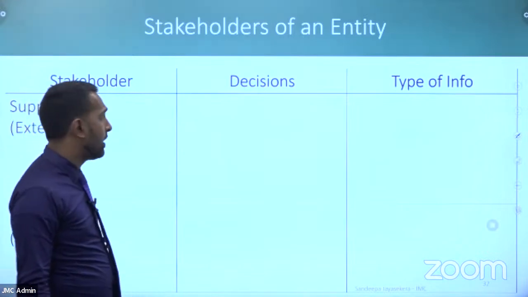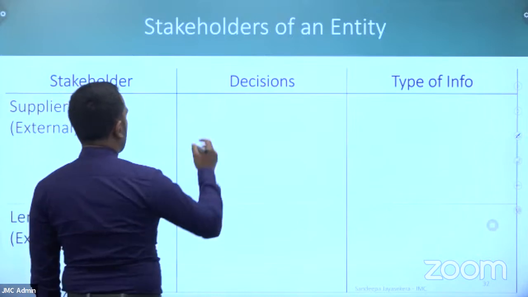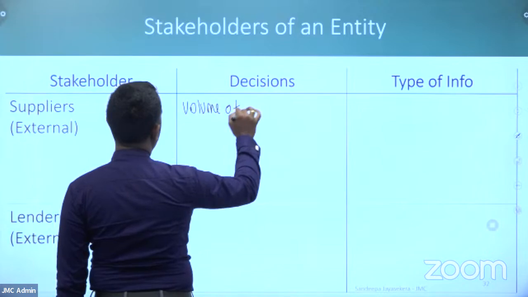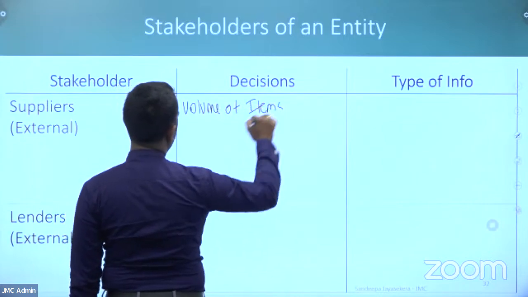Suppliers. Now suppliers, what are the type of decisions you are going to take? So you are going to look at the volume of items that you are going to supply.